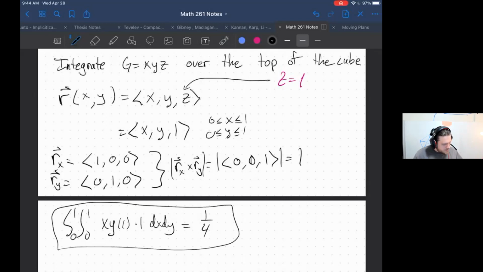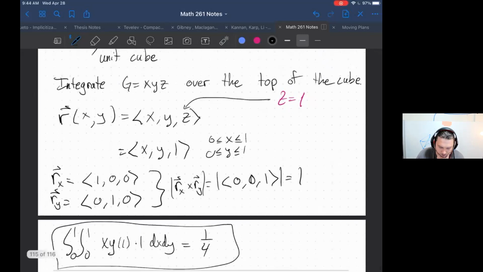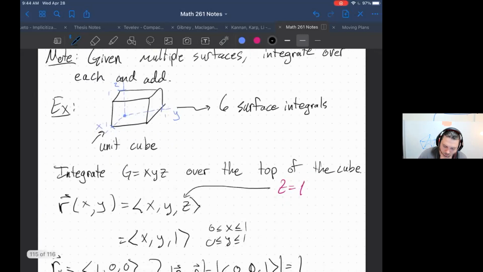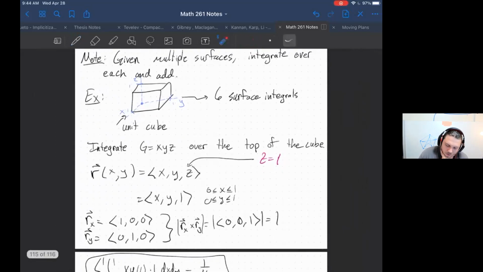Okay. I do want to make a point for a second. I'll zoom out so we can see most of this. For this surface, this entire cube here, what we did was parameterize the top.